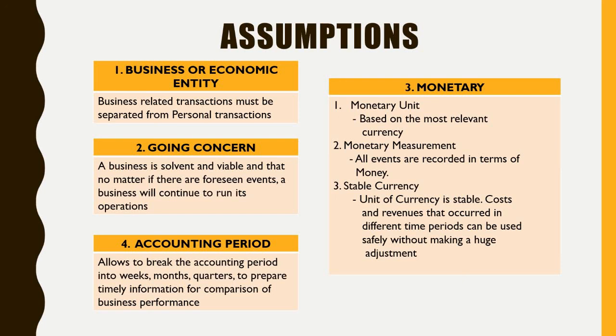Okay? All right, and then lastly is a stable currency, which kind of goes along the lines with number 1. You want to make sure that you're using a form of currency that is stable. So in this case, ours is backed up by the gold standard.